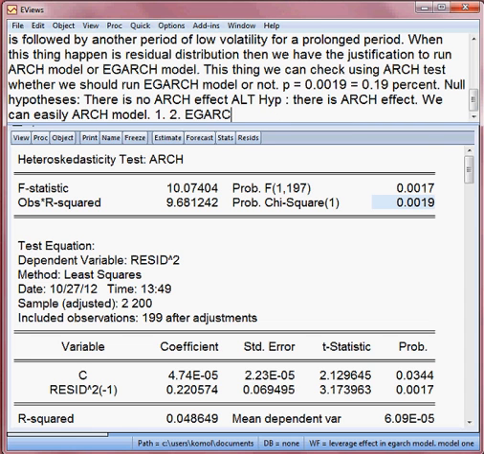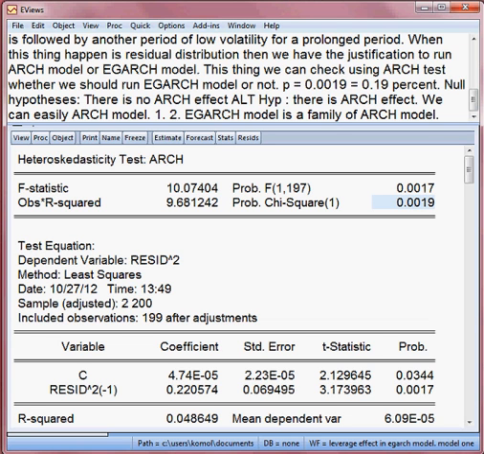And the EGARCH model, actually, is a family of the arch model.